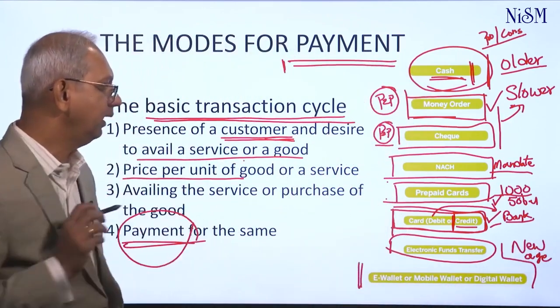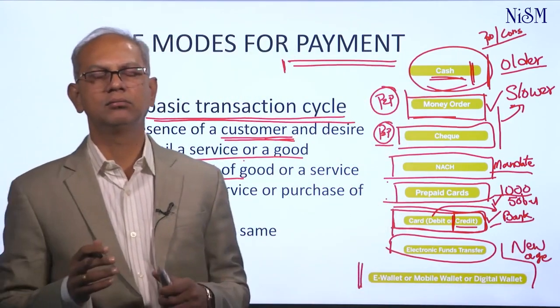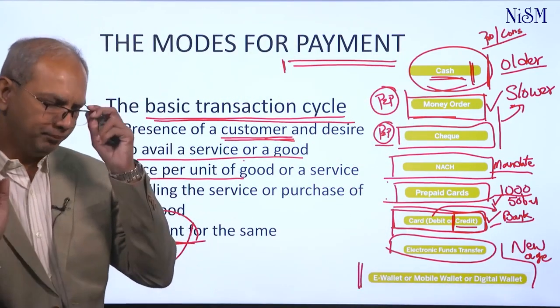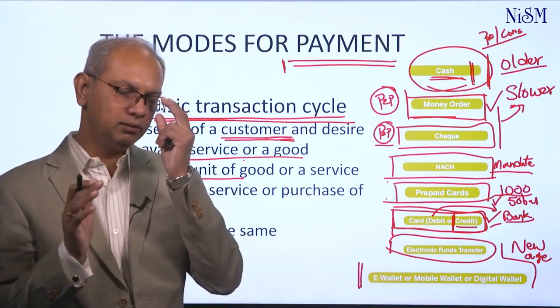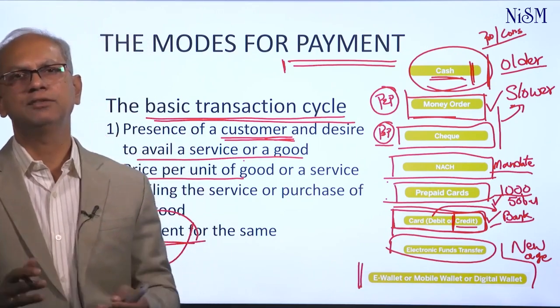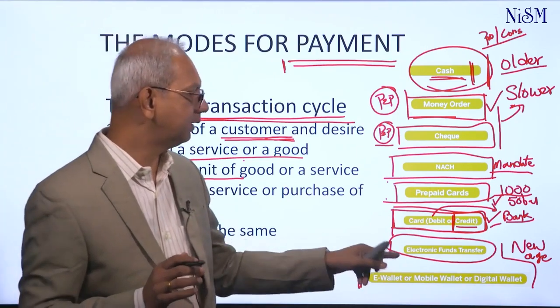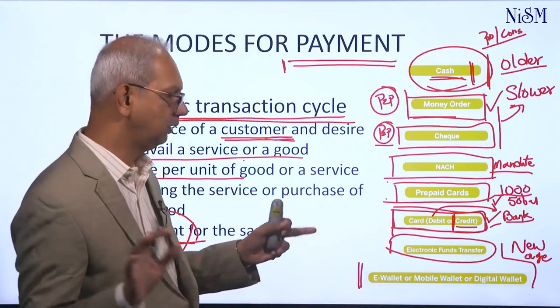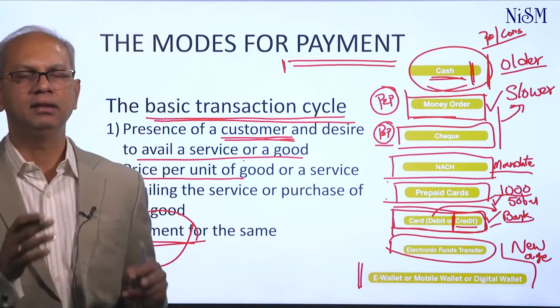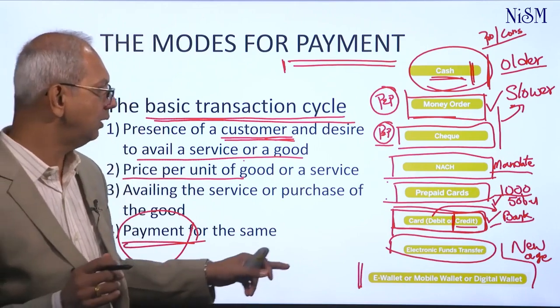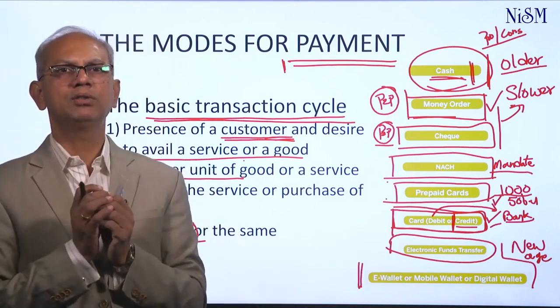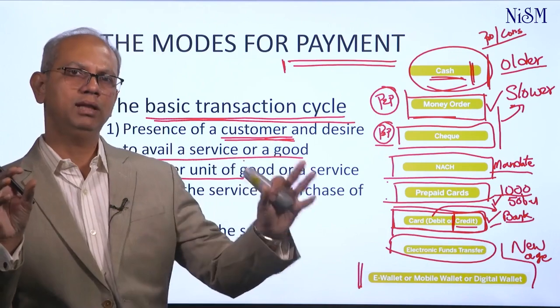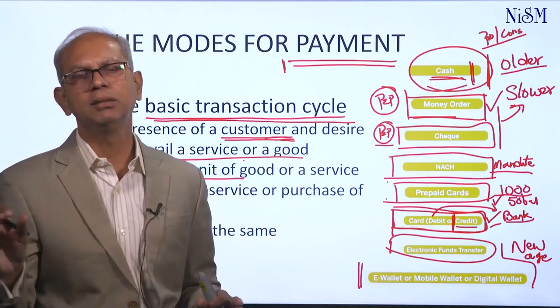So the first one, electronic funds transfer. Now this was not prevalent in a big way 15, 20 years ago, but in the last 5 to 10 years, electronic funds transfer has been widely used. In short, we call it the NEFT, the National Electronic Funds Transfer mechanism, where you are able to send money from one bank account to the other bank account in a seamless manner.